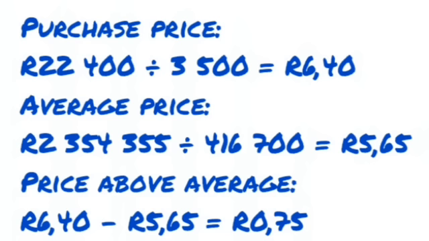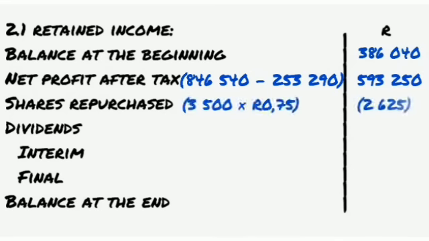Now what we want is the price above average. So we take the purchase price minus the average price, and we get the above price of 75 cents. So that's what we are going to calculate our shares repurchased on. So the 3.5 shares multiplied by the amount above average, which is 75 cents, and it gives us 2,625.